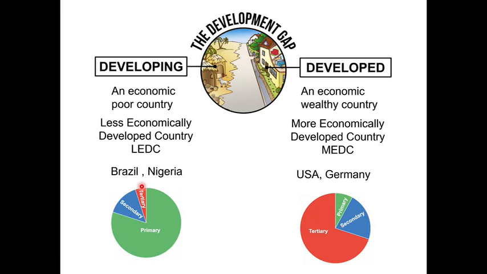Small tertiary, in other words, a small number and variety of services, and look at the primary here, like your agriculture, your farming. So this is more a farming-based economy that we've got here, and the tertiary, in the developed world, the emphasis is much more than in the developing world.